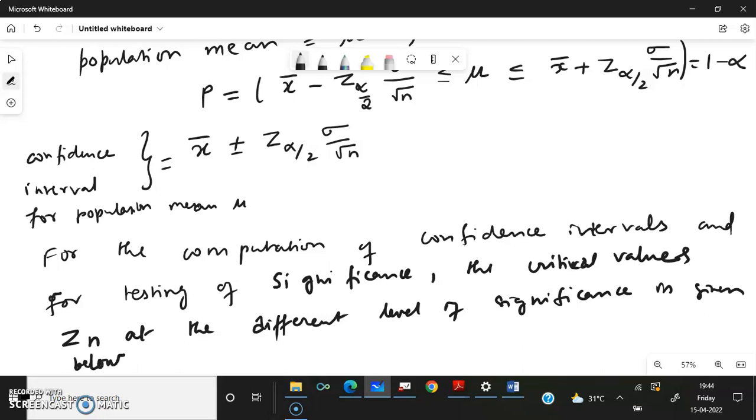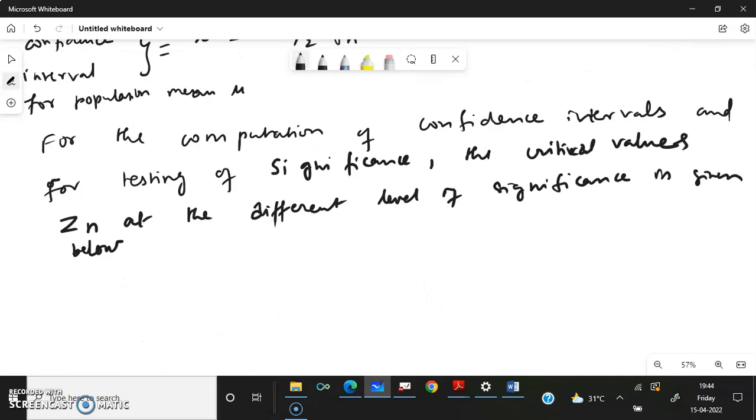What we are going to do is calculate the confidence interval now, for testing the significance. So the critical values Z alpha.